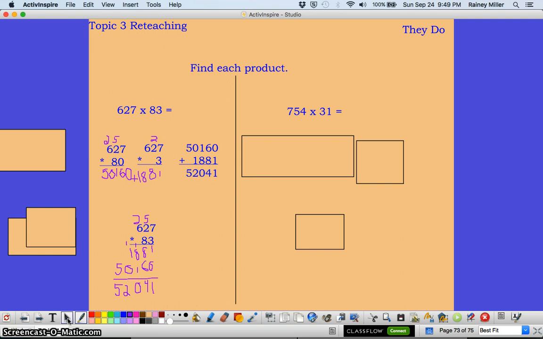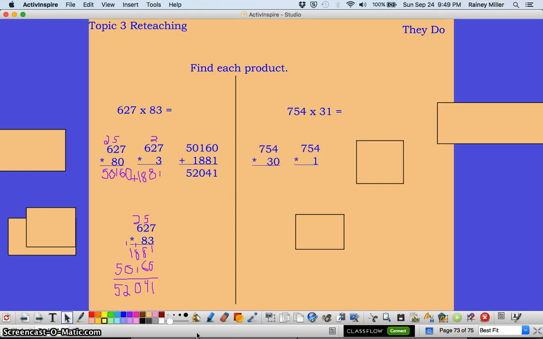Okay, we're going to do the same thing over here with this one. 754 times 31. That's 754 times 30 plus 754 times 1. Okay, so let's move this out of the way first. And first off, I'm going to use my 0 trick here.